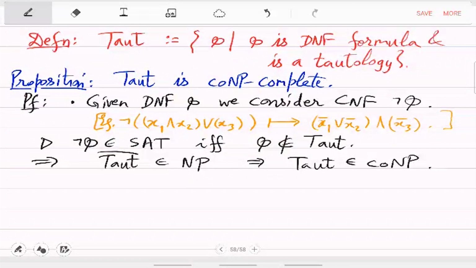That's what we have shown. All these statements are equivalent. So just by this negation operator, you can see that what was SAT for NP, now it is tautology for co-NP.